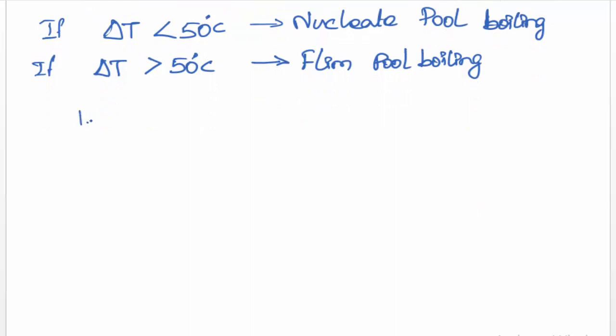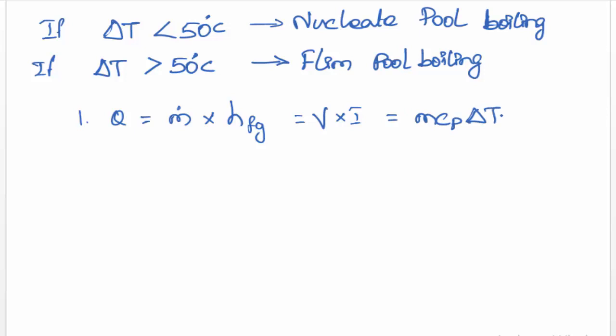Then the next formula is heat transfer Q equal to m dot into hfg, which is equal to V into I, which is equal to m Cp del T. All these formulas are useful to find out the Q value.